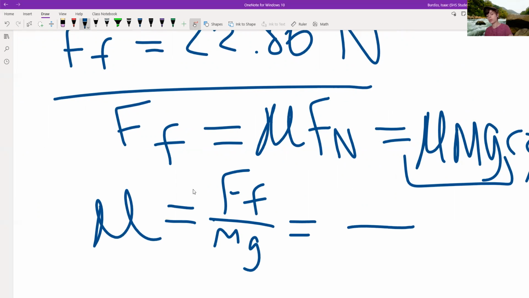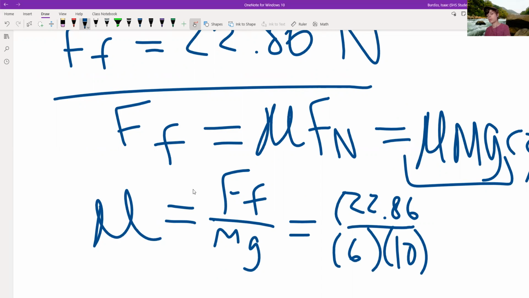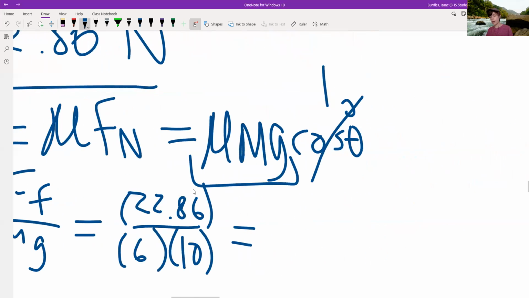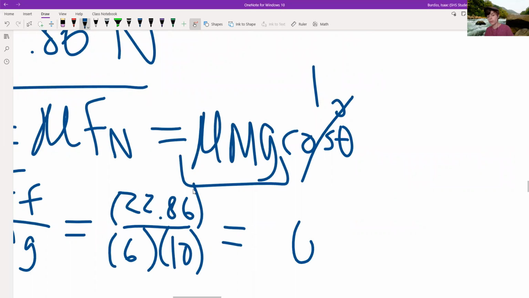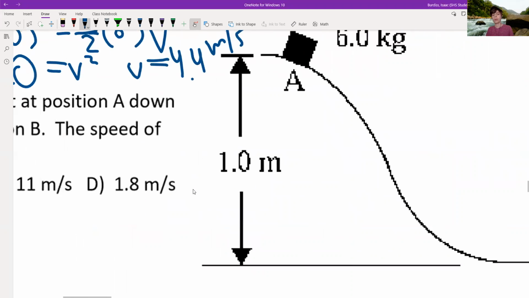Friction force was 22.86, and the mass was 6, gravity is 10, and finally we get our answer, 0.39, and there's no units.